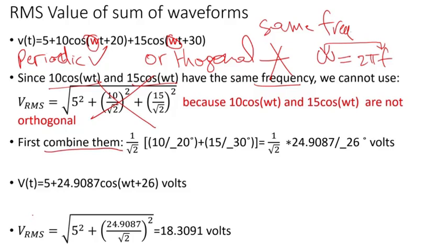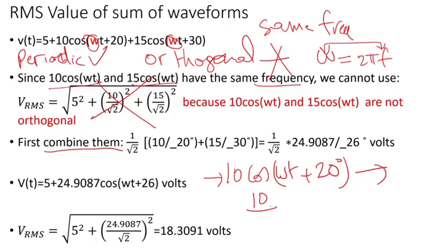So when you have 10 cosine omega t plus 20 degrees, this is time domain. If I want to convert it to frequency domain using Laplace transform, this is peak, but when we do Laplace transform, typically we use RMS.